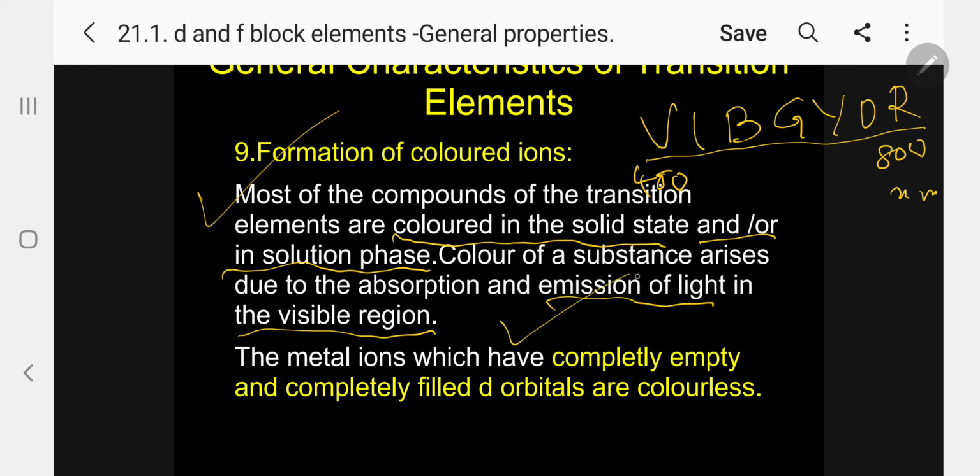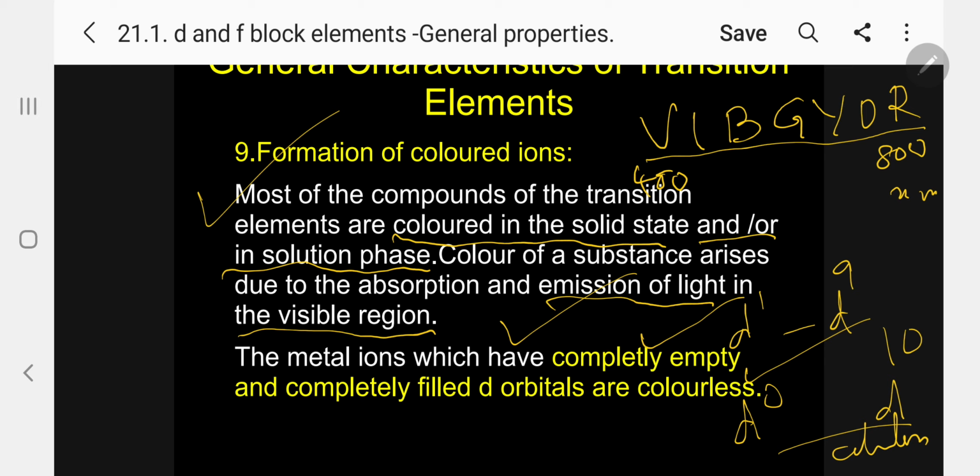The metal ion which has completely empty or completely filled d orbitals is colorless, whereas incompletely filled d orbitals are colored. That means d1 to d9 are colored ions, whereas d0 and d10 are colorless.